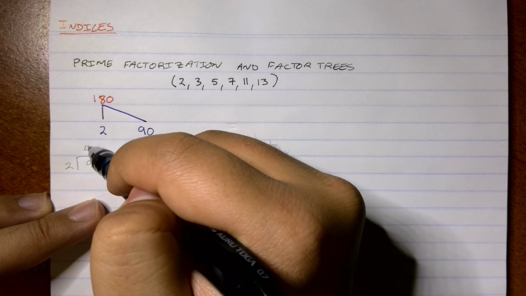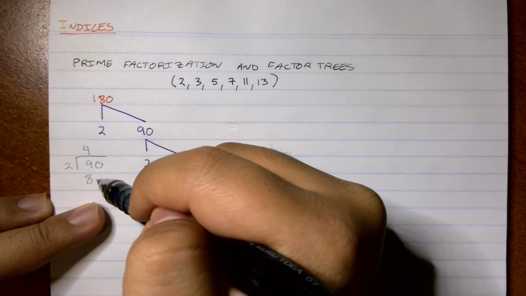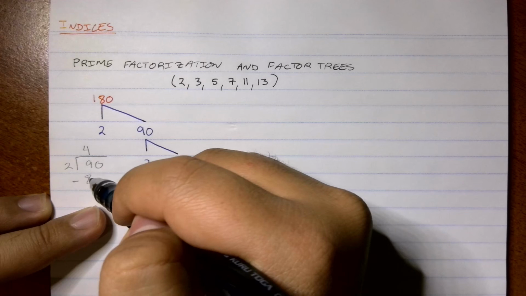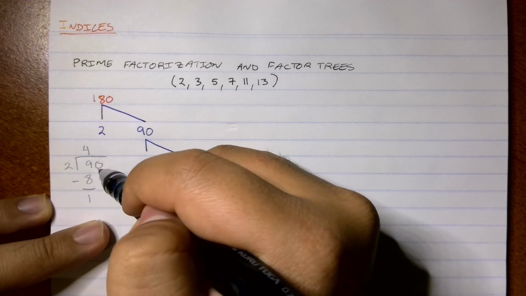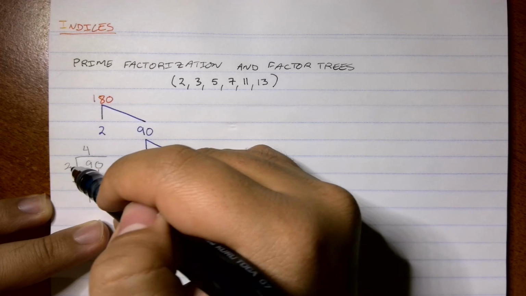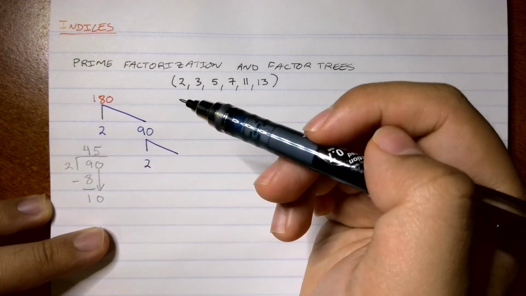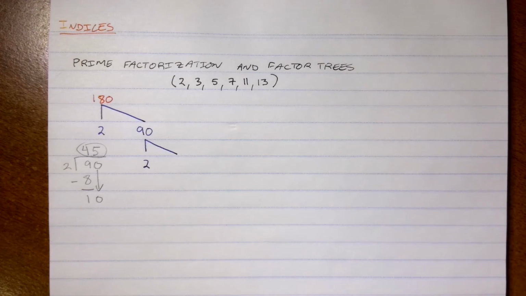Well, I know 2 times 4 is 8. 9 minus 8 is 1. Carry the 0 down like that. 2 goes into 10 5 times. So 45 is our number there.